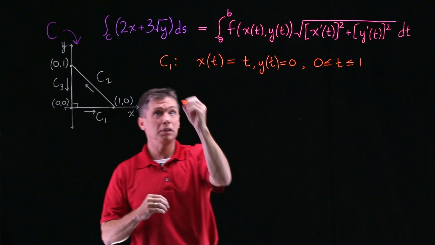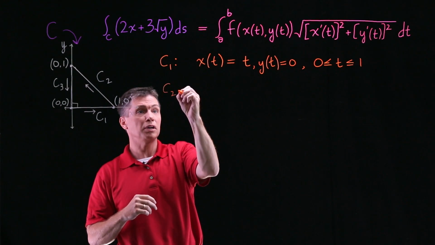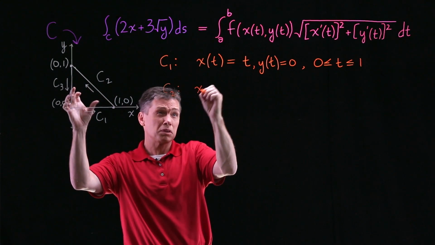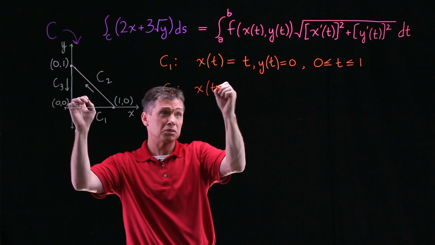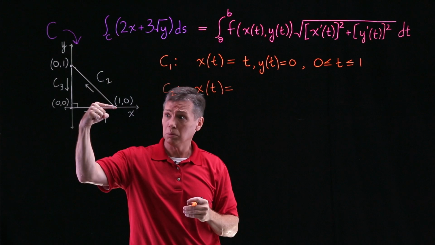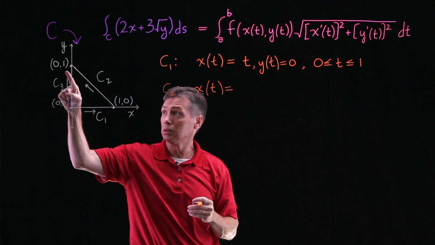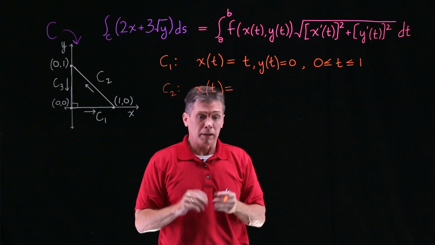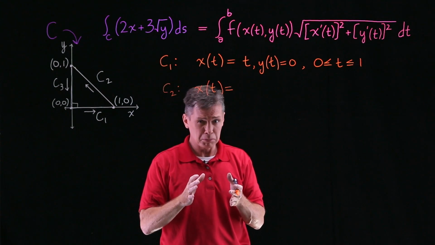All right, similar thinking for each of these other 2 sides of the triangle, for my C2 here. Similar thinking, but different work, of course. I've got to think about what my x coordinates are going to do. They're going to go from 1 over to 0, the x coordinate. And then I've got to figure out how to express that in terms of t.